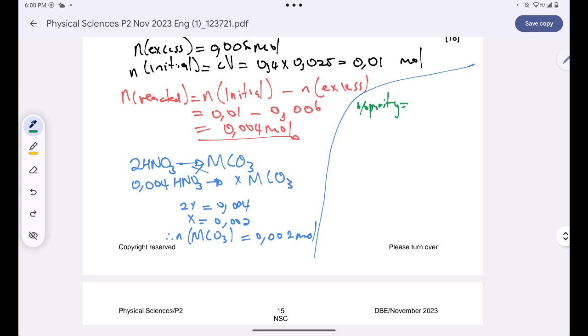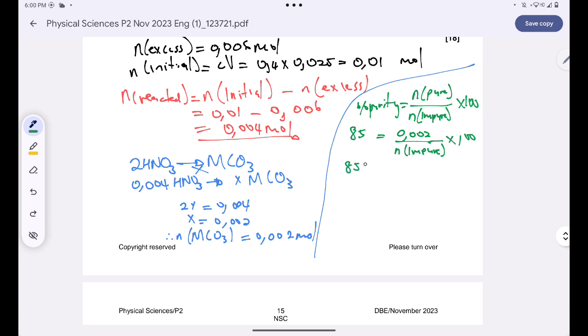Percentage purity is always number of moles of pure substance all over the number of moles of impure substance multiplied by 100. I know that my percentage purity is 85%. The number of pure moles is 0.002. The number of impure moles, I don't know that one.